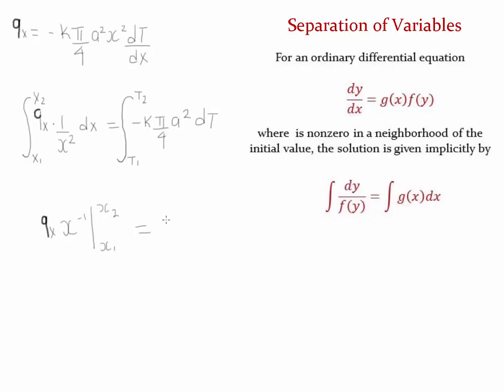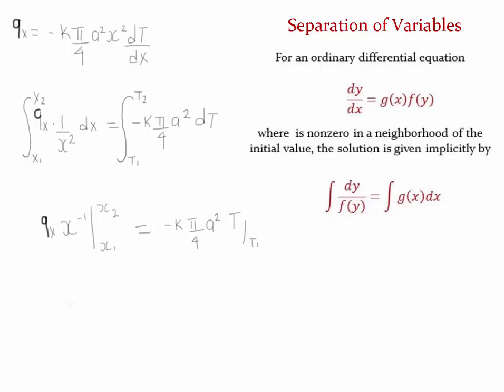For the integral on the right side of the equal sign, we notice that k, pi, 4, and a squared are constant, therefore we can take them out of the integral. And the integral of dT is simply T, and we evaluate it from T1 to T2.